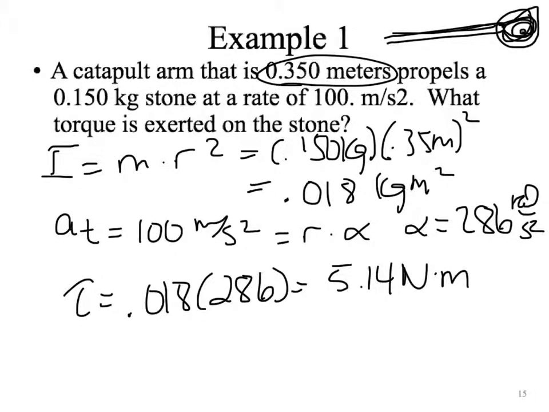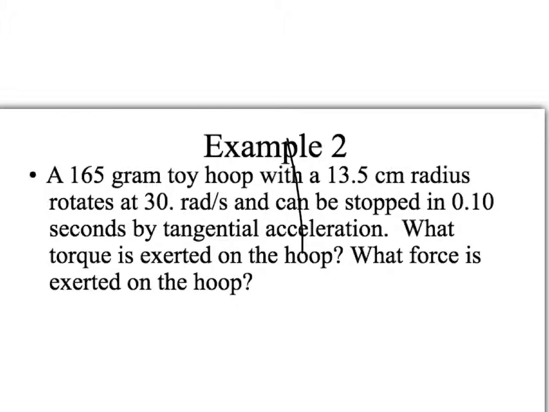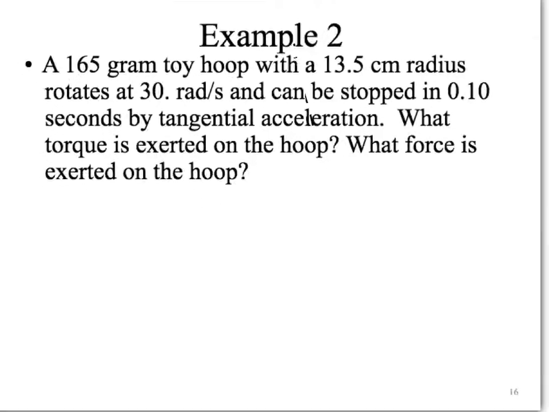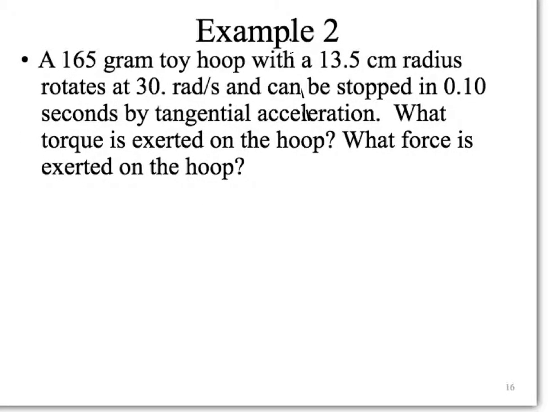Pretty easy. The next example, we have a toy hoop. I don't know why that example is down like that. Okay, whatever. Let's see, we'll zoom it. Yeah, there we go. We've got a 165 gram toy hoop with a 13.5 centimeter radius rotating.